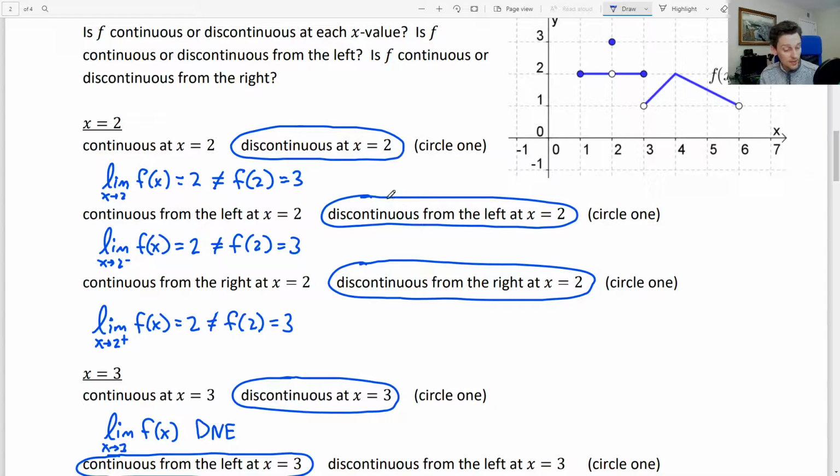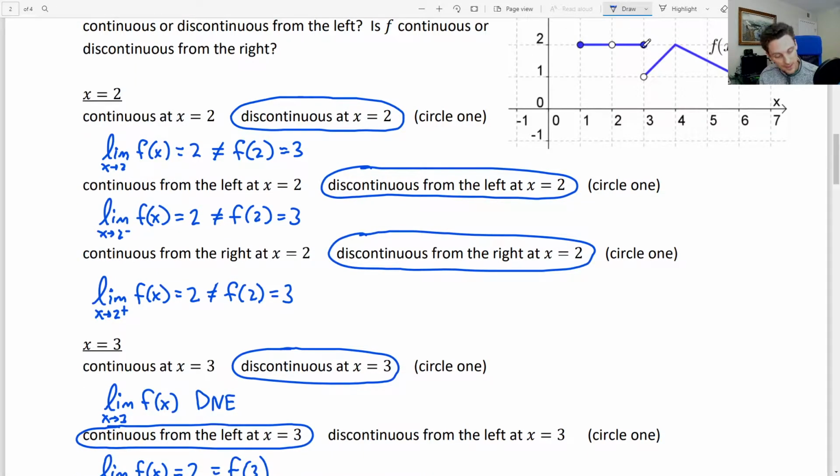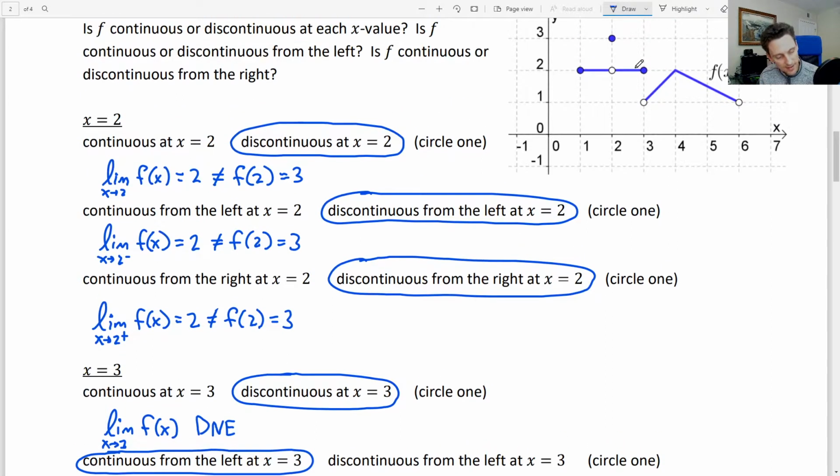But here we had discontinuity from the left and discontinuity from the right. Whereas at x equals 3, the function was discontinuous, but we did actually salvage some continuity from the left right here. The dot happened to be connected to the graph on the left.